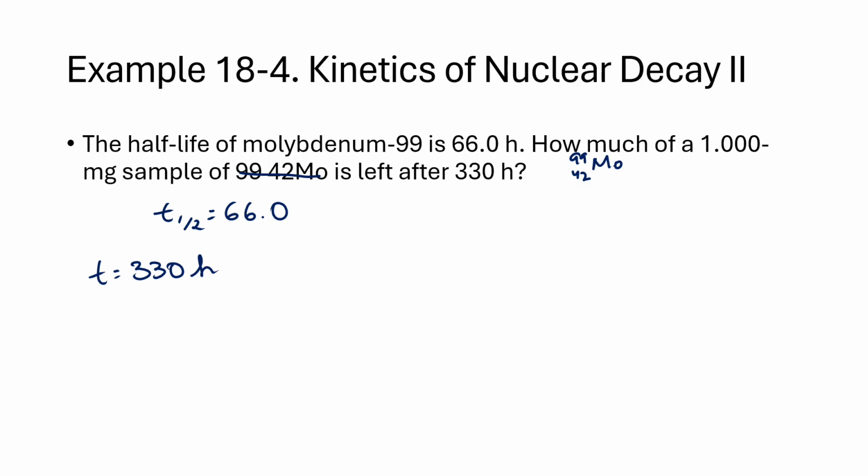One way to solve it is to recognize that 330 hours represents 5 half-lives for molybdenum-99. So you sketch this.